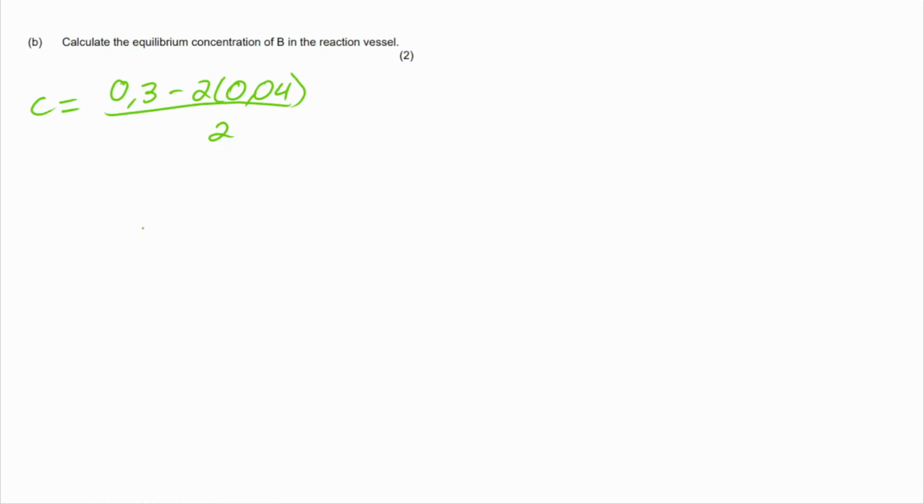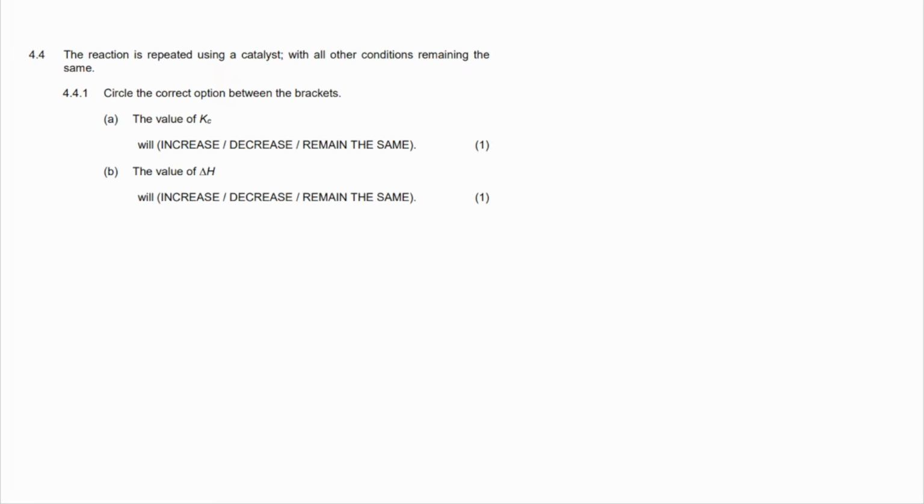If we put that in the calculator, we get 0.11 mol per decimeter cubed. Don't forget your units. Not worth losing a mark for forgetting your units.